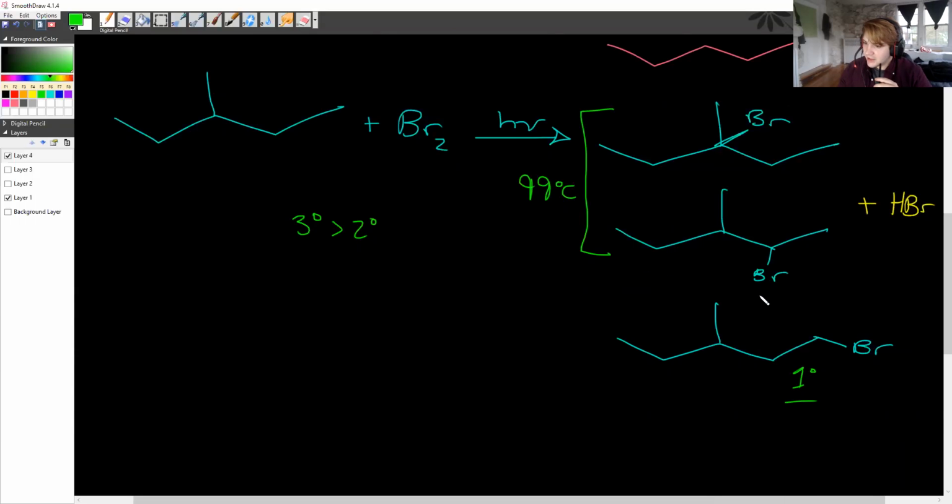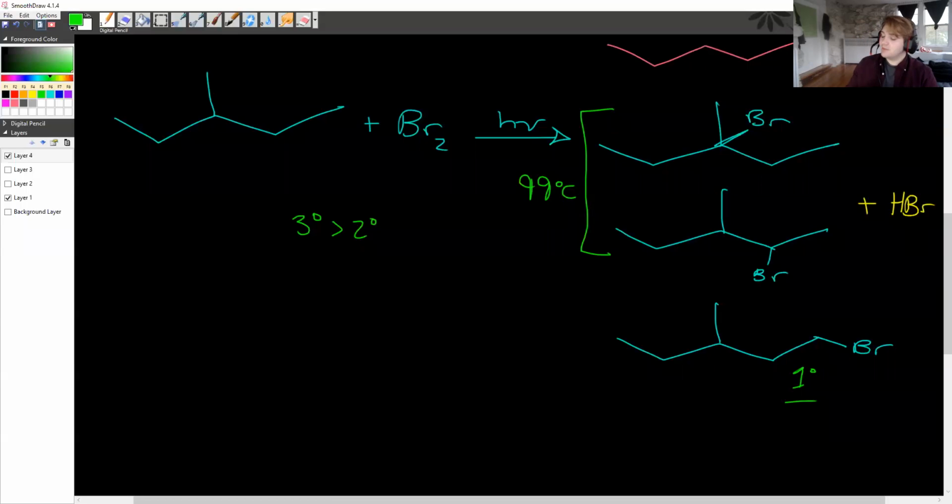The other question that I want you to be aware of is, why are we only talking about chlorine and bromine? Where's fluorine and where's iodine, right? Because we're talking about halogens. What I want you to know about fluorine is that fluorination of an alkane using something like F2 is wildly exothermic.